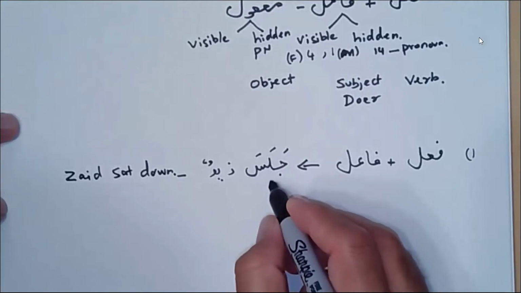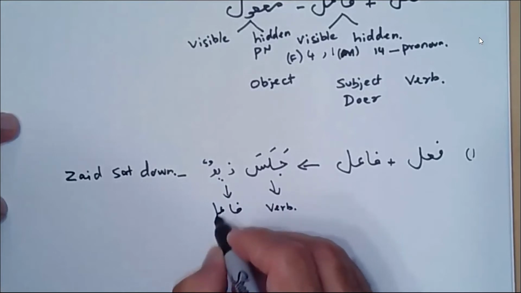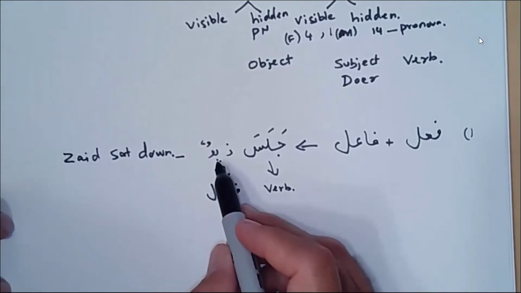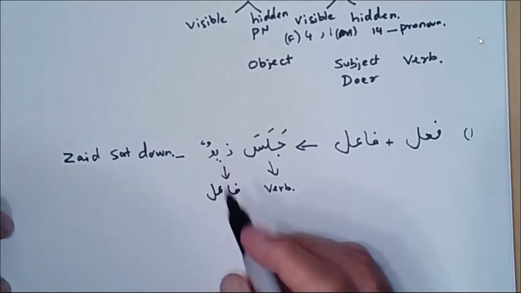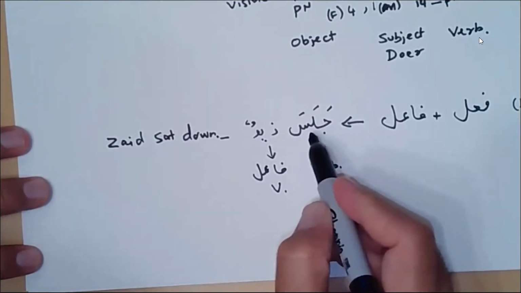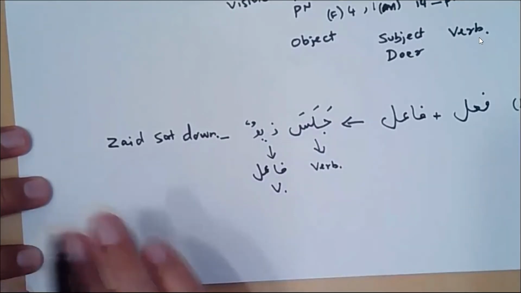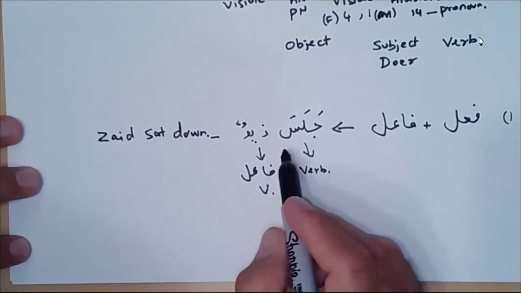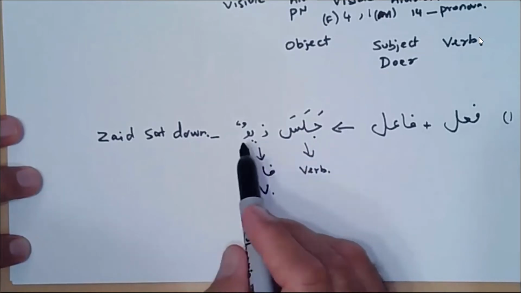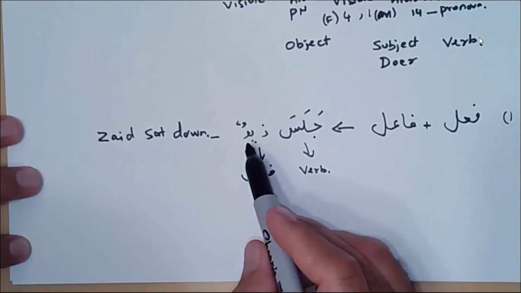What is the verb here? And who is the fa'il? Right here, right? He is the doer. Now, tell me, is this visible or is it hidden? Visible. So when it is visible, we know that it is going to take the huwa or the number 1 or number 4 siga of the pronouns, right? In this sentence, the meaning is complete. We know that somebody sat down.